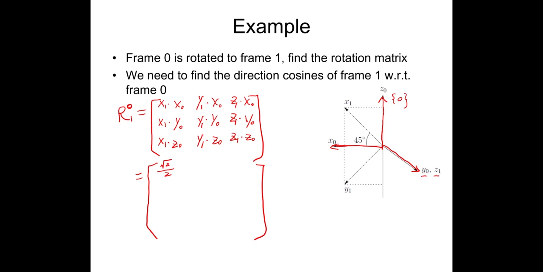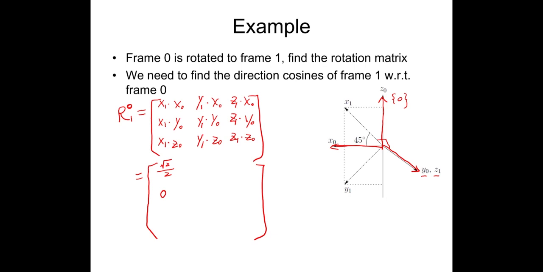Here I have my x1 and y0, and although in the figure we cannot really see that, they share the same plane, and x1 and z1 must be perpendicular to each other, so x1 must be perpendicular to y0. So it is cosine of the angle between these unit vectors, which is 90, so cosine 90 is 0.